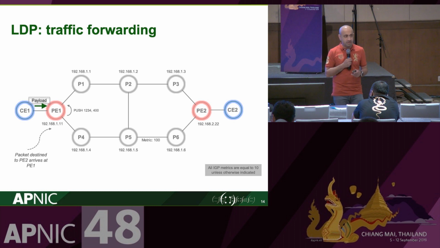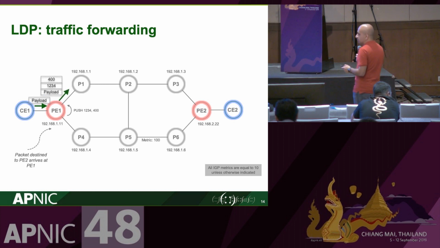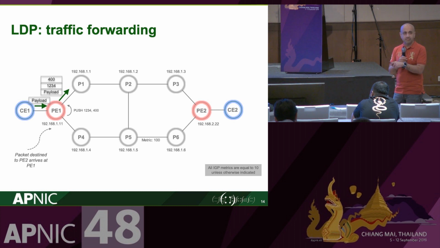So it pushes two labels: the label 1234 for the VPN, and don't worry about it too much now, but I'll explain, and the label 400. So now the packet looks like this. You've got whatever the payload was. It could be an IP packet, or it could be Ethernet, but it's the payload. You put two labels on it. You first put this VPN label of 1234, and then we put the label of 400.